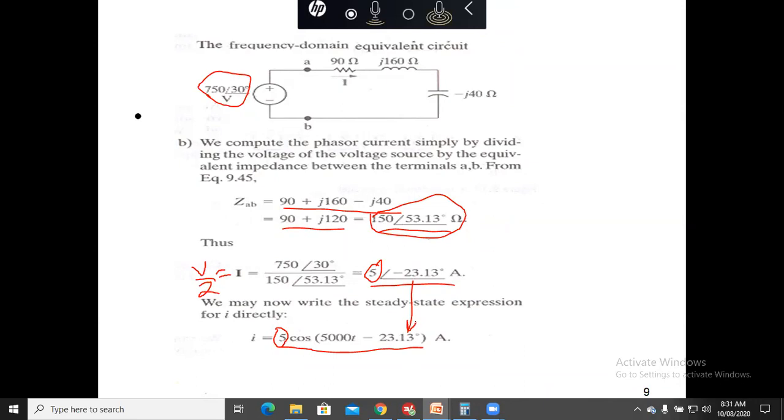So this is the way you can find the values in the frequency domain, and then convert them into the time domain again.